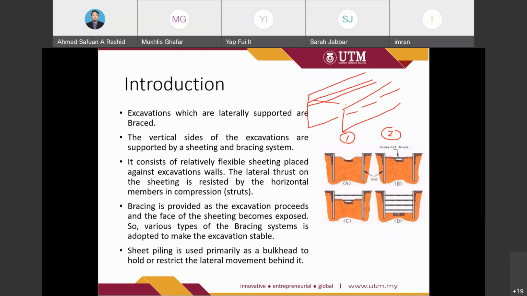Then we put the strut. Then they continue to dig until it reaches the required height or depth. So this is an example of the third step, continuing until the required depth that they want to achieve.